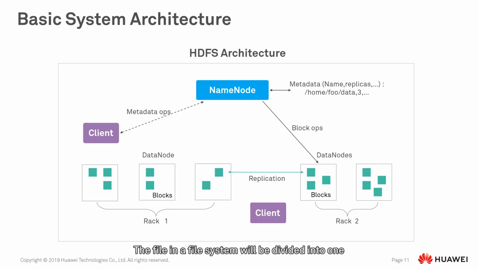The file in a file system will be divided into one or more segments and stored in individual data nodes. So these file segments are called blocks. The default block size is 128 MB, but it can be changed in HDFS configuration according to the need.